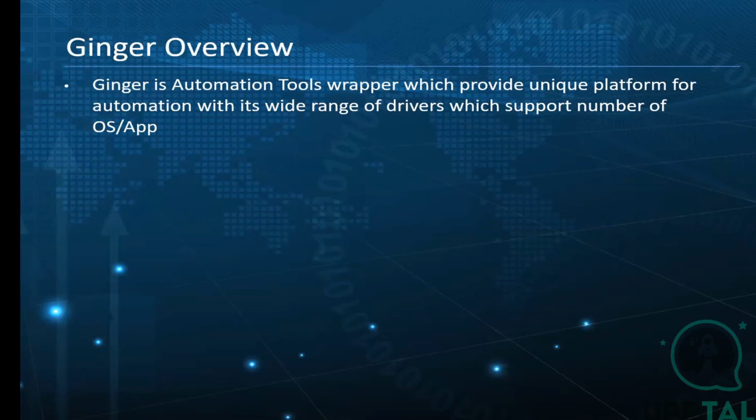Now let's discuss this sentence. Ginger is basically an automation tool wrapper. So what is a wrapper? If you eat a burger or a roll, it has a wrapper on it, wrapped by something. Basically we have different libraries. Let's suppose for handling a Java application you need Java libraries.